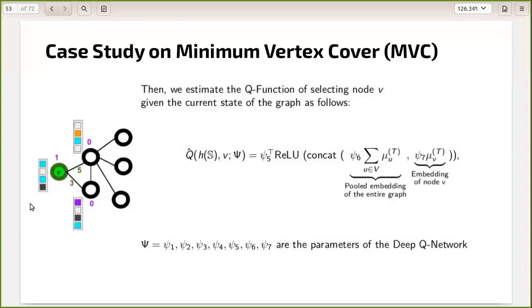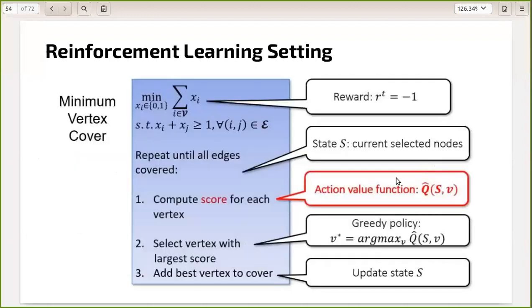For example, in this graph, the node v is already selected as part of the MVC solution. Which node should be selected next? Maybe this node or this node, right? We evaluate it with this Q function, based on the embedding of the whole graph and the embedding of the node v, and we can use it as the action value function.